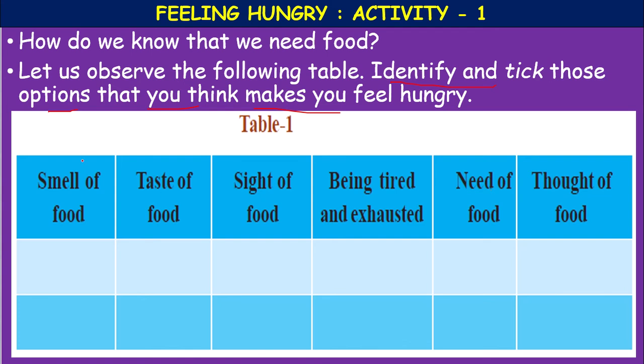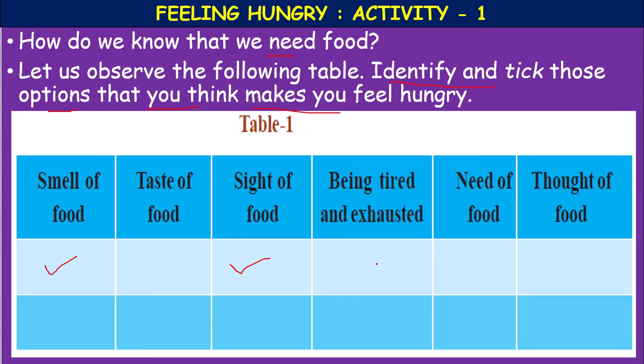Okay. First, smell of the food. The flavor of the food definitely generates some water in your mouth, isn't it? Then taste of the food, okay, when you start eating. Then the need of food and the sight of the food definitely will also motivate you.